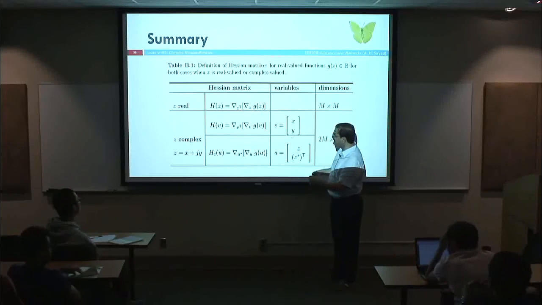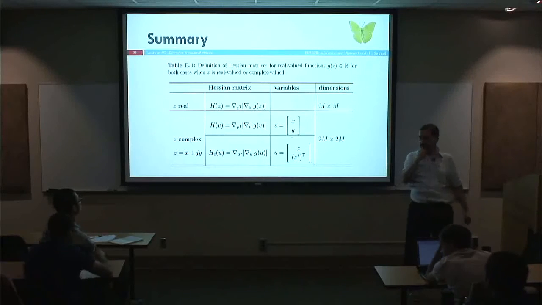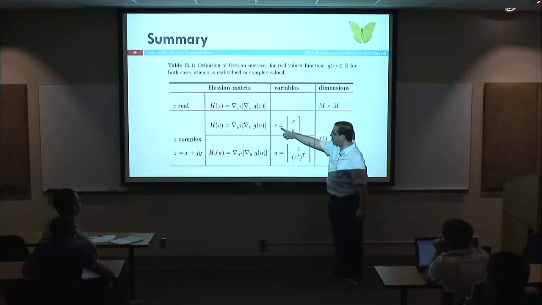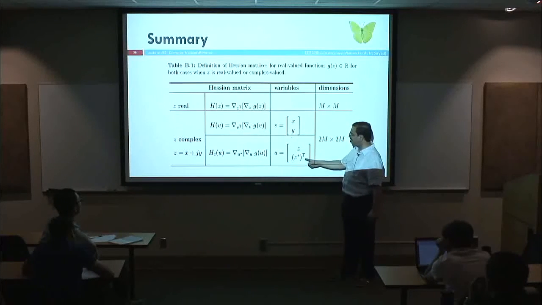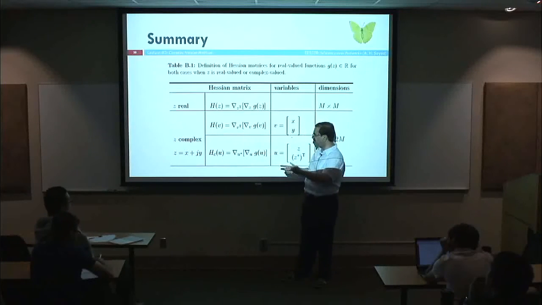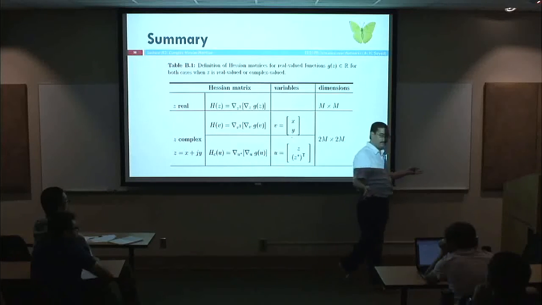In the complex case, there are two ways that you can use to write down what the Hessian matrix is, okay? Two ways. One using the variable V, and the other using the variable U, okay? One using U and one using V. So either you have gradient calculations relative to V and then V transpose, or relative to U and then U star. Okay? Fine?